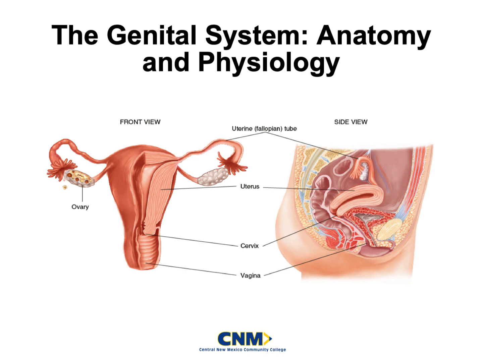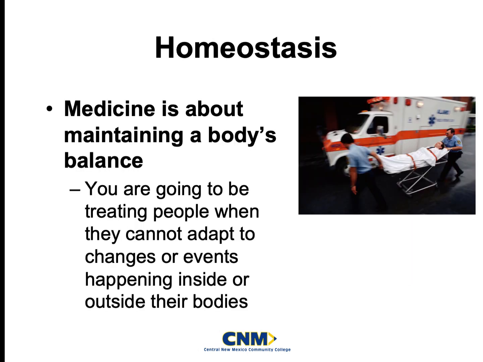Okay, if the egg is fertilized, hopefully it implants in the uterus, and we'll talk about pregnancy later on this semester. The uterus then goes into the cervix, and then the opening is known as the vagina. Okay, and we will talk more about female anatomy later on this semester.